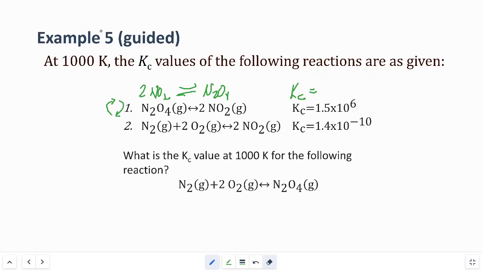So if I take 1 divided by 1.5 times 10 to the negative sixth, to two significant figures, this comes out as 6.7 times 10 to the negative seventh. So we're going to cross out that version of the equation.